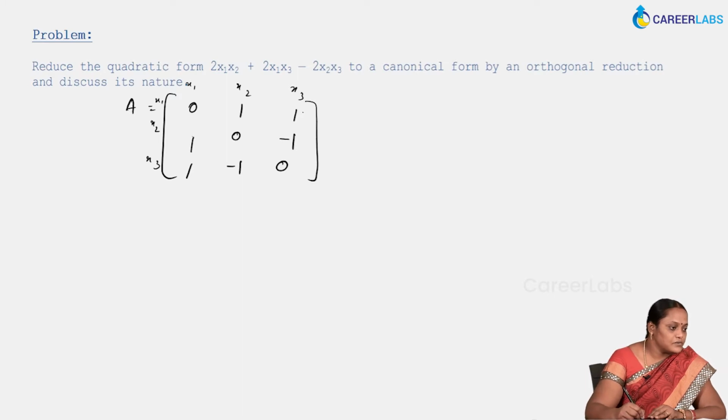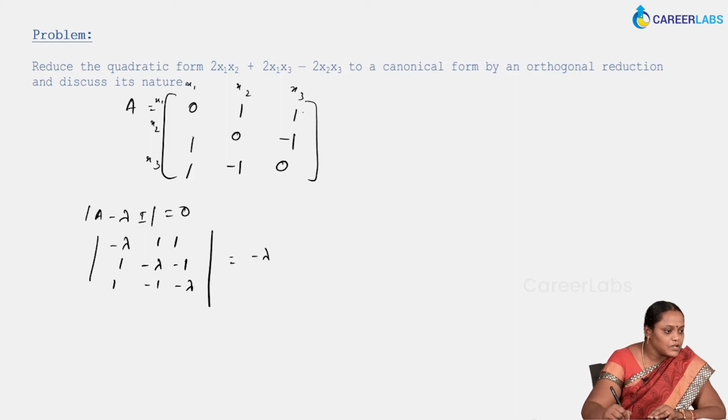So, now let us solve this for getting the eigenvalue. Let us write the characteristic equation, determinant of A minus lambda I equal to 0. So, this is nothing but minus lambda, 1, 1; 1, minus lambda, minus 1; 1, minus 1, minus lambda. When you expand the determinant, this is minus lambda times lambda square minus 1, then minus 1 times of minus lambda plus 1, then plus 1 times minus 1 plus lambda.